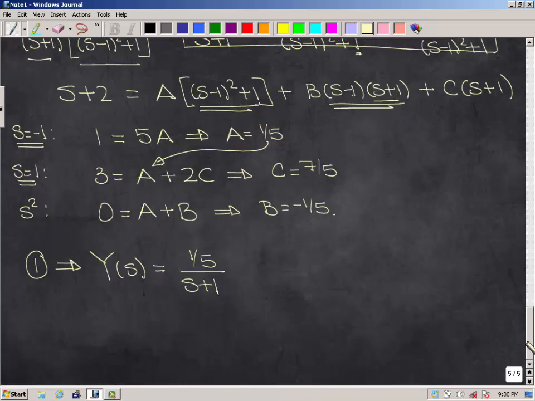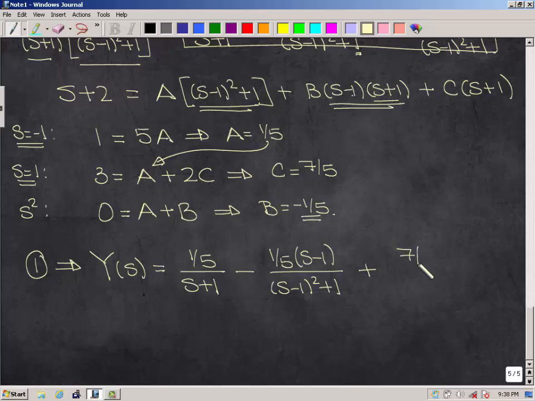So we get plus negative 1/5 times S minus 1 divided by S minus 1 squared plus 1. The negative comes from b being negative, plus 7/5 times 1 over S minus 1 squared plus 1. So that is my decomposition.